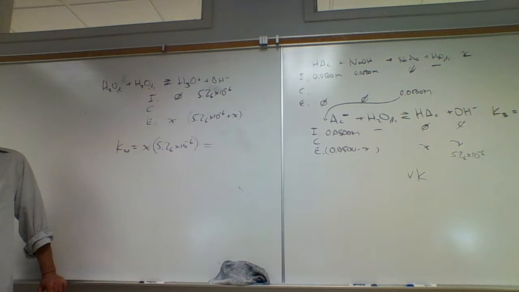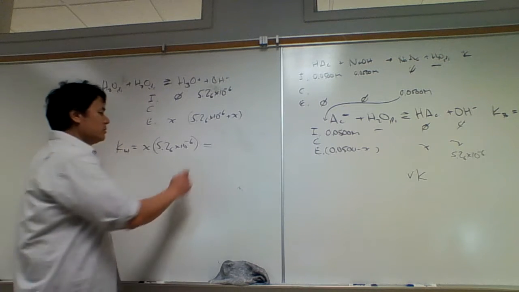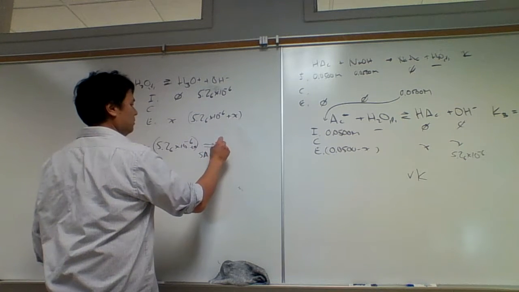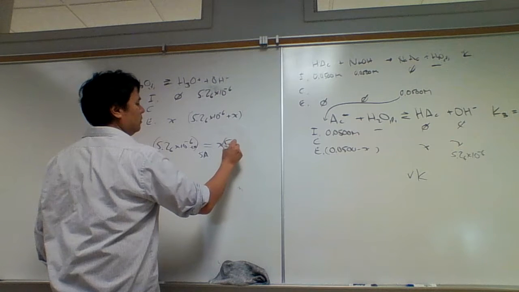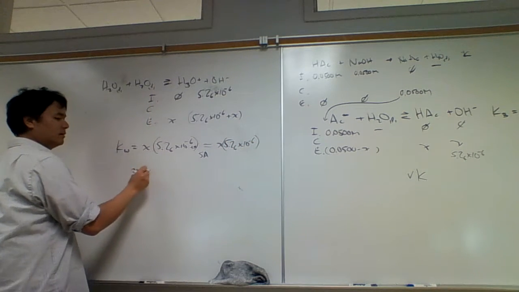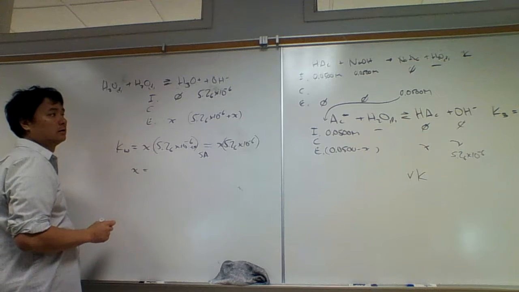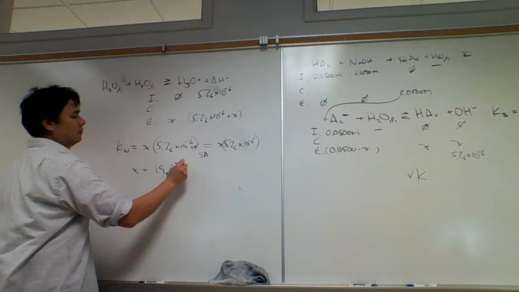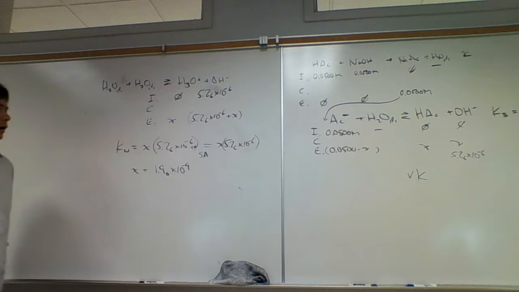So did you get it set up like this? Yep. Did you try the simplifying assumption or did you skip it? You tried it? Might as well try it. What did you get as your x value? 1.90 times 10 to the minus 9.